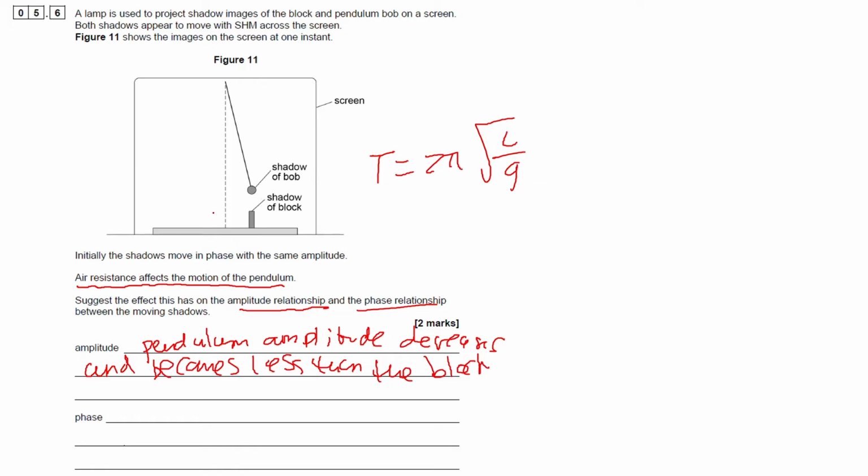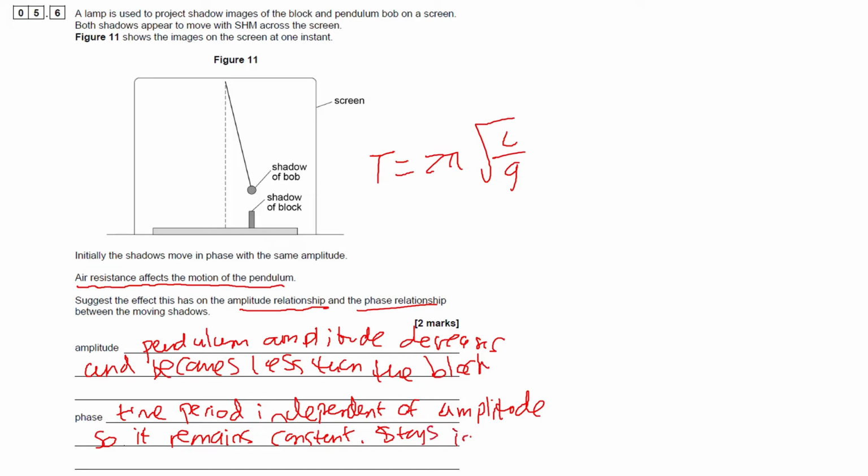So even if amplitude does decrease, time period is independent of amplitude. So even though it is decreasing its amplitude, its time period doesn't change. So it remains constant. And then for the comparison, it stays in phase with the block.